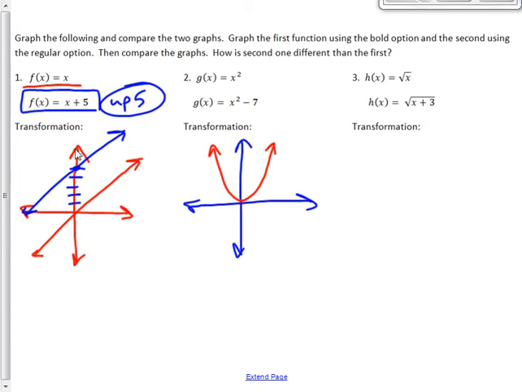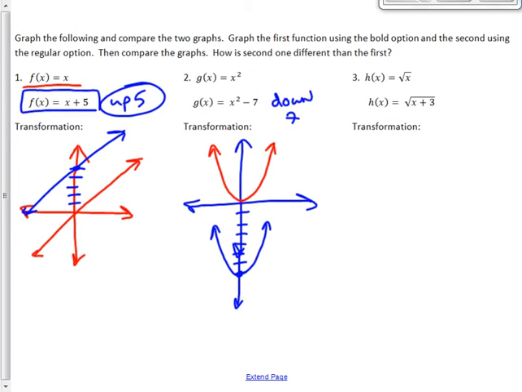That means that I'm going to move this 1, 2, 3, 4, 5, 6, 7. Move the 7 down, and it's going to look the same way. It's the same exact shape, just went down 7. Okay, so this transformation went down 7. And again, you're looking at this on your graphing calculator. You don't need to necessarily do the graphing part of this because your calculator should do that.